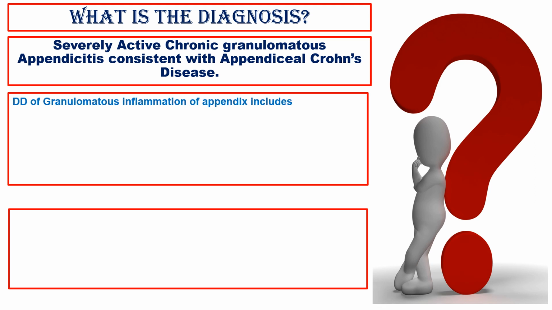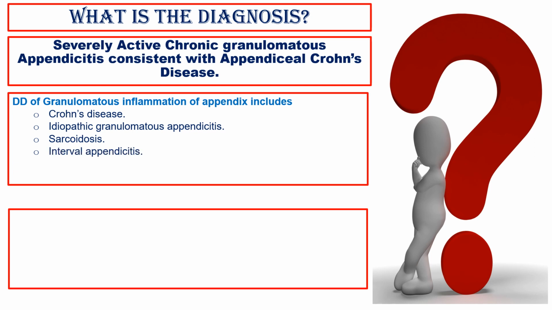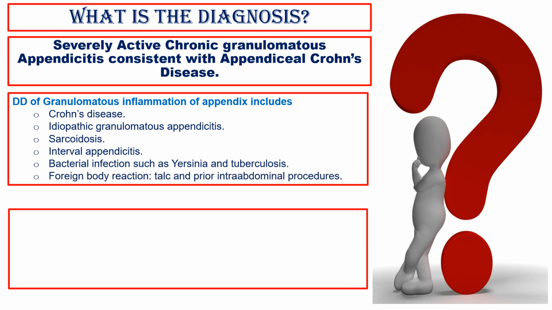Differential diagnosis of granulomatous inflammation of appendix includes Crohn's disease, idiopathic granulomatous appendicitis, sarcoidosis, interval appendicitis, bacterial infections such as Yersinia and tuberculosis, and foreign body reaction, talc, and prior intra-abdominal procedures.